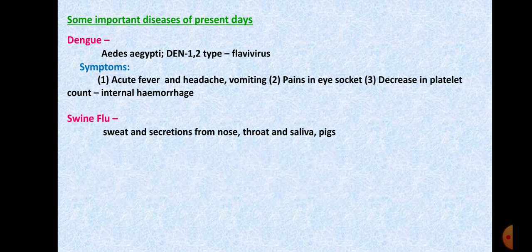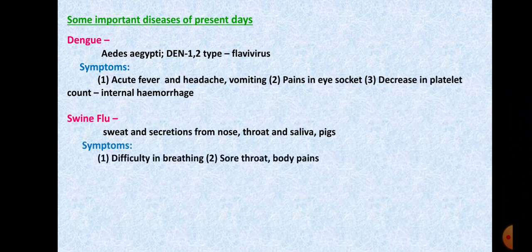Next is swine flu. Now swine flu, this occurs generally through pigs and humans. Now the virus of swine flu is spread through the sweat and secretions of the patient.